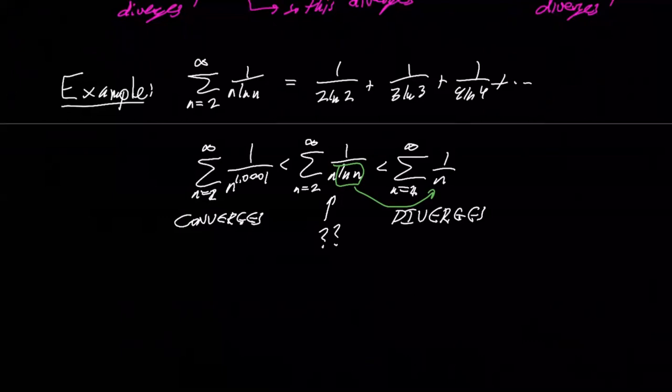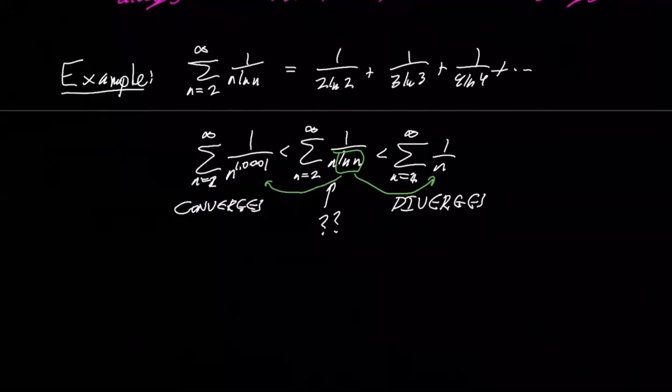But on the other hand, because ln grows so slowly, it's less than any other power of n. So this actually fits in the middle. And so this is not something we can evaluate with comparisons. We can't just compare it to one of these p-series. It's right in that gray zone where we don't know what's happening.